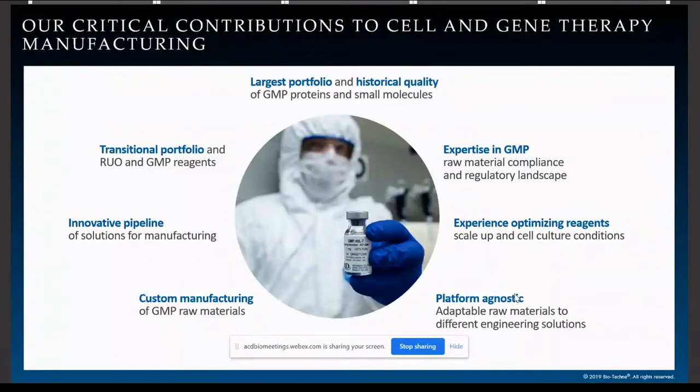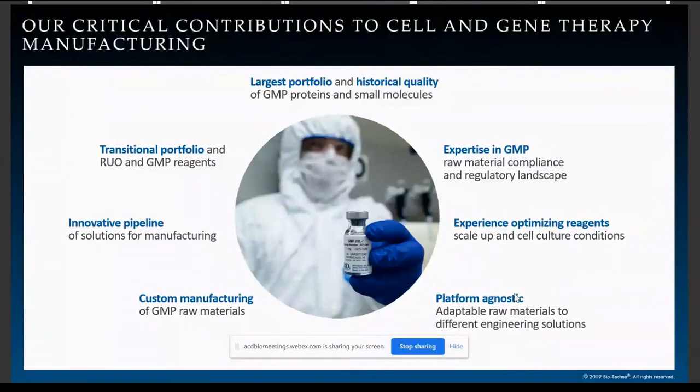So at BIO-TECHNE, we have the largest portfolio of GMP proteins and small molecules. So we have that historical quality that we can refer to and use to have consistency along the way in terms of our proteins and small molecules. We have GMP grade manufacturing and expertise within this space.